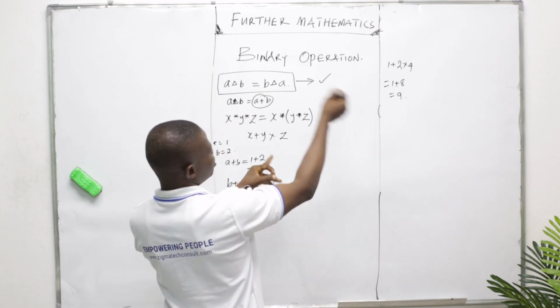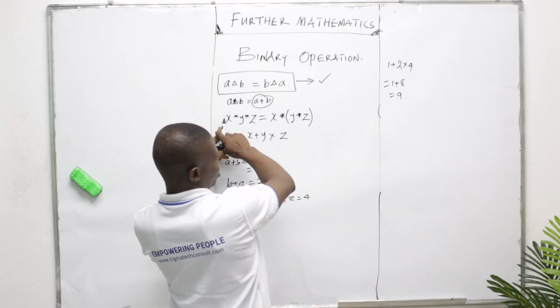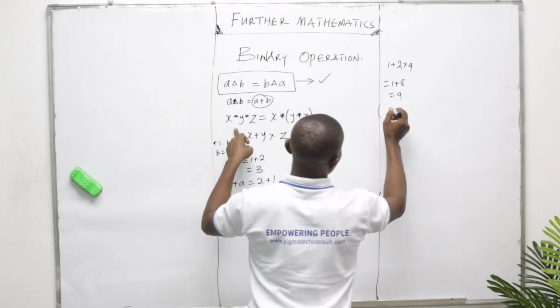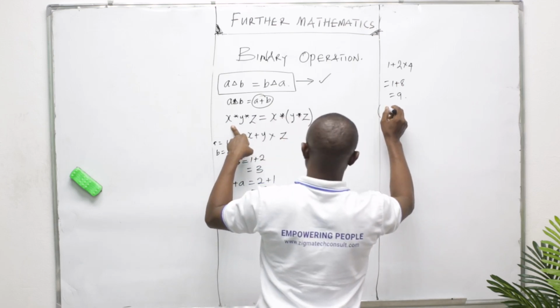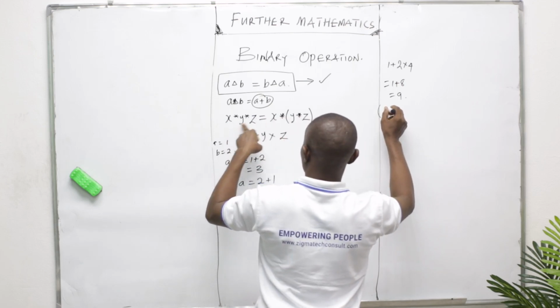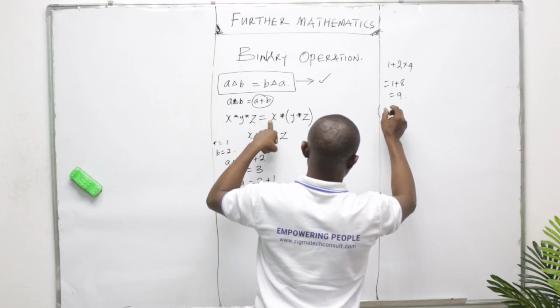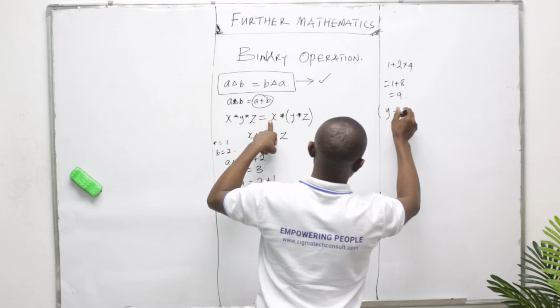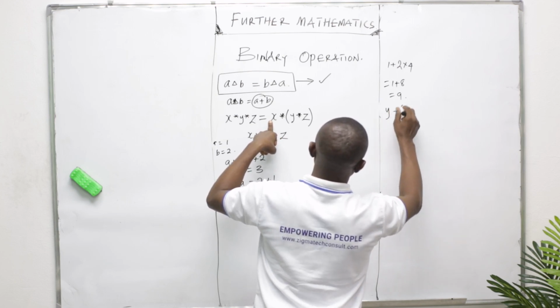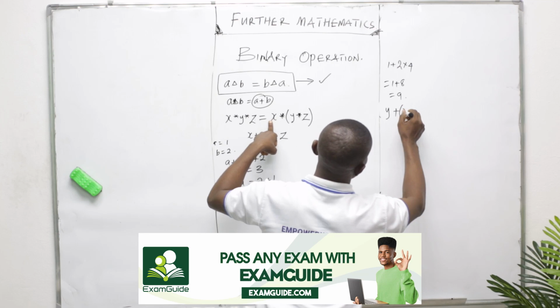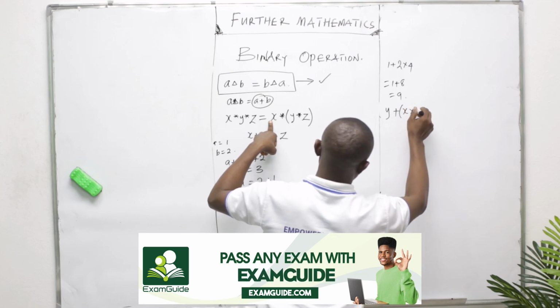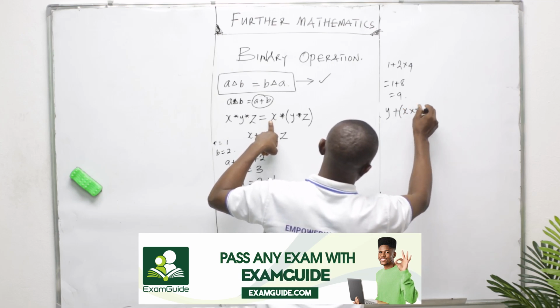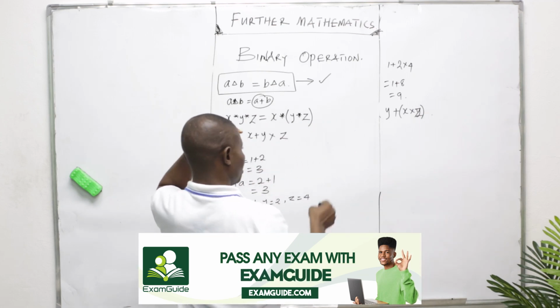Then when we interchange this, is it going to produce the same result? Let's say if we have Y plus bracket X times Y, Z. Let's see if it gives us the same solution.